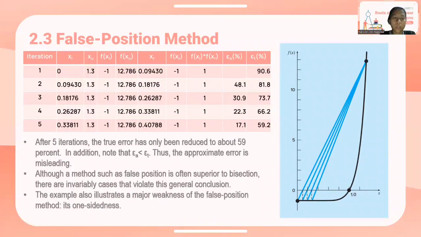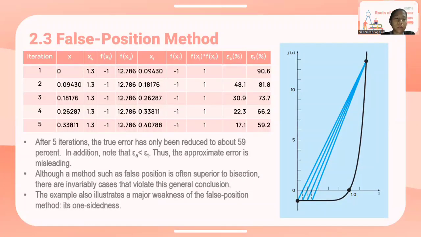For the fifth iteration, XL is 0.33811. XU is still 1.3. XR equals 0.40788. And the function of XR is -1. Approximate error is 17.1 and the true error is 59.2.